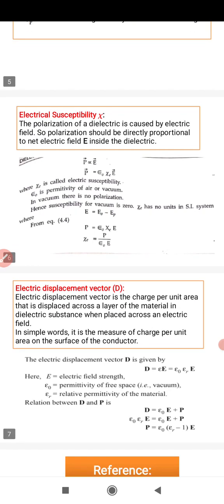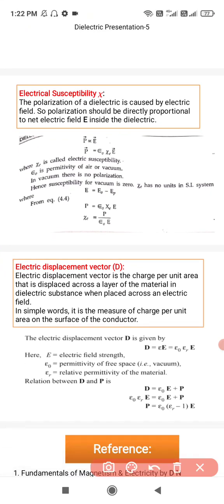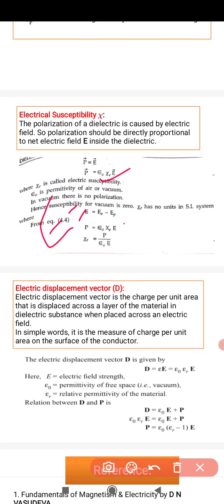Therefore, the resultant electric field E is obtained as the difference between the applied external electric field E naught minus the polarized electric field obtained due to the polarization.